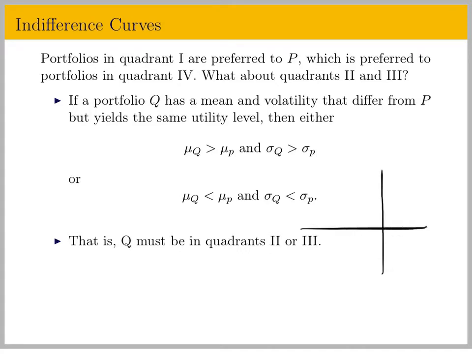If we recall that diagram with P at the axis, quadrant 1 being here, quadrant 4 being here, we know that anything in quadrant 1 is strictly preferred to portfolio P. Anything in quadrant 4 is strictly dominated by portfolio P. Then portfolio Q must lie somewhere in quadrants 2 or 3.